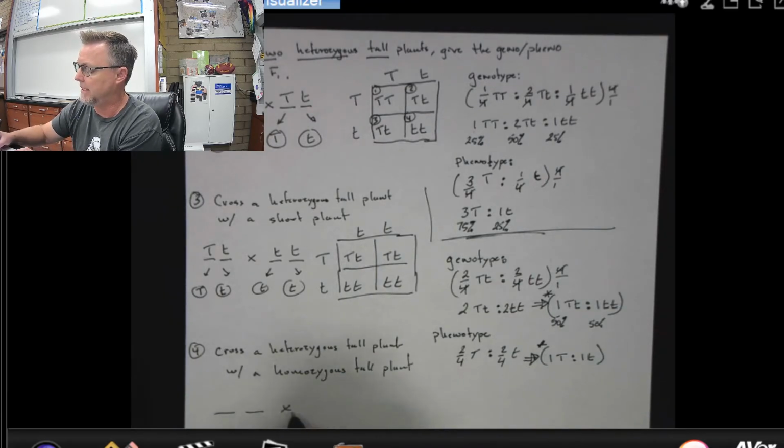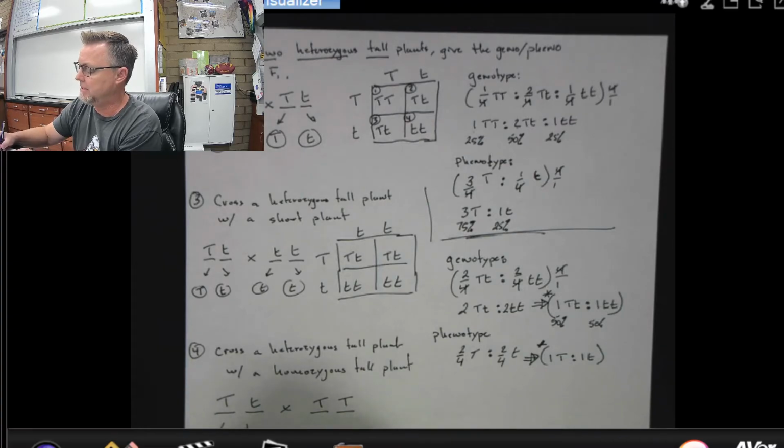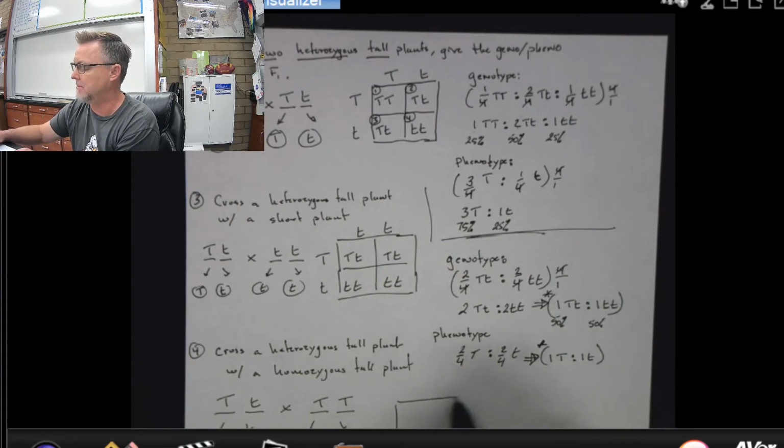So we'll lay out the parents. Big T, little t, crossed with big T, big T. Okay? They do meiosis. And we do our Punnett Square. Okay?